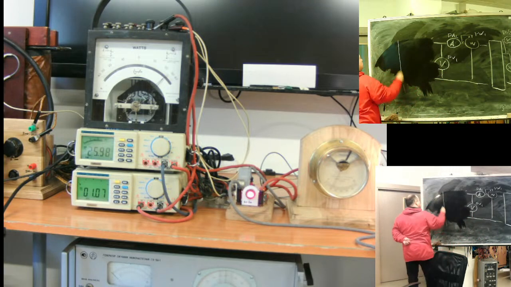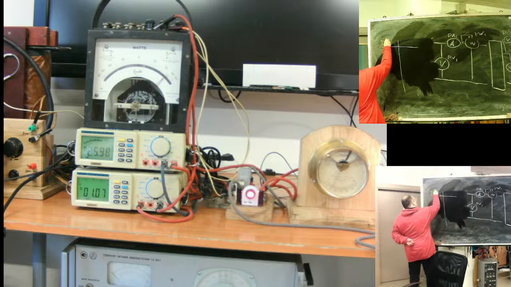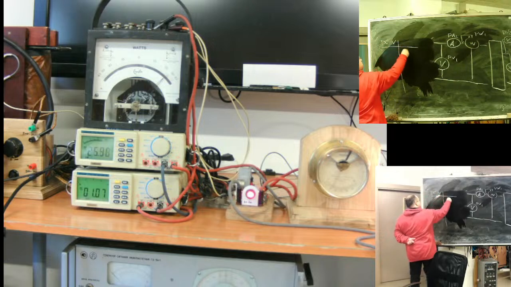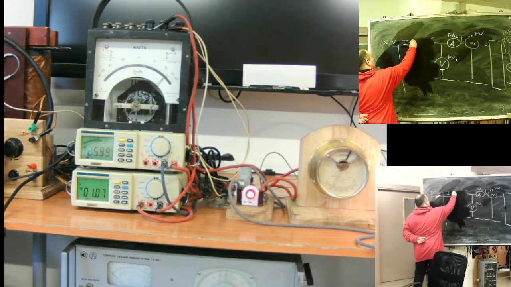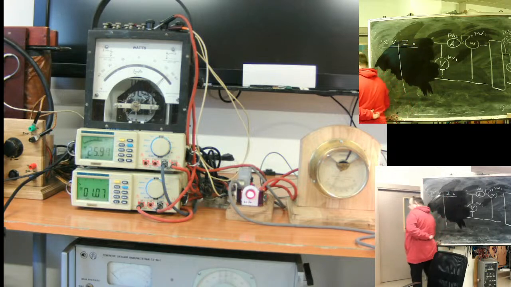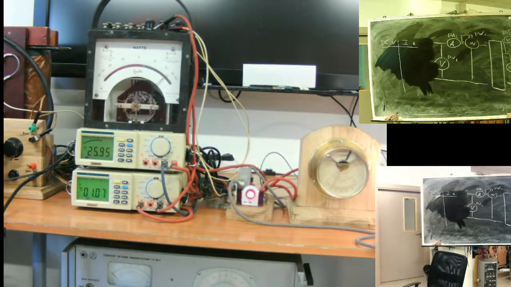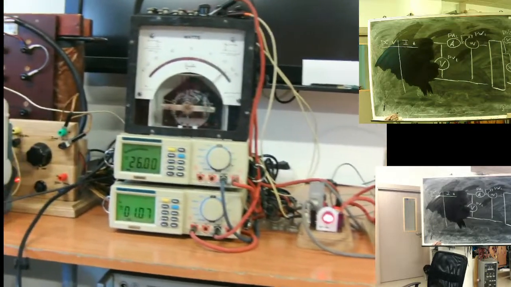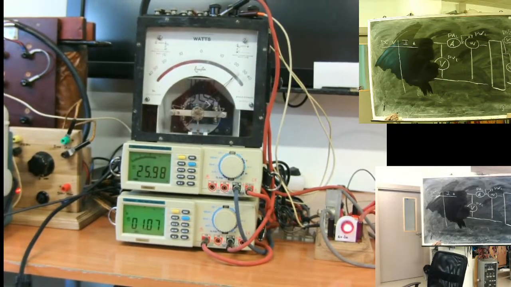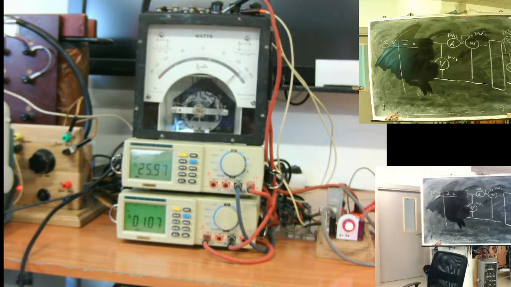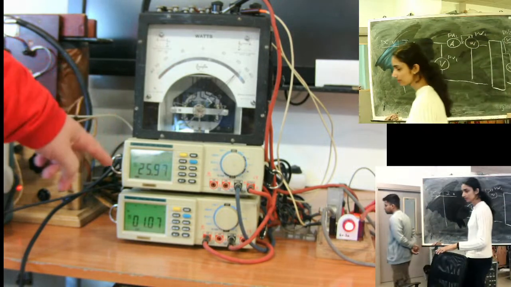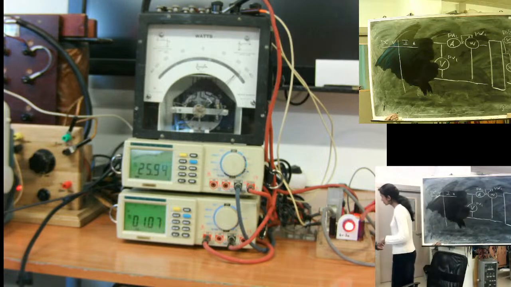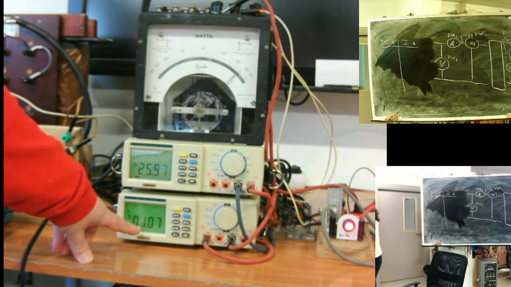Now I would like to draw a table. DC source in volts and current in amps. What do we see? A bit closer. 26 volts, and 1.07 amps.